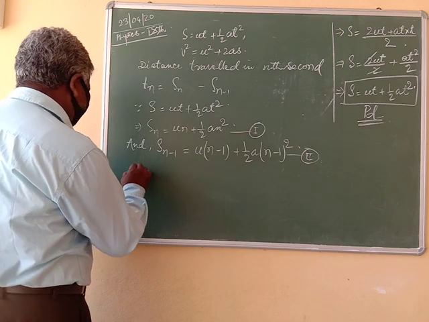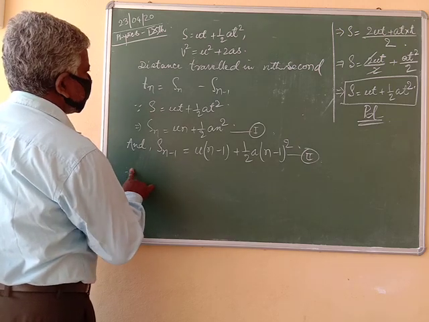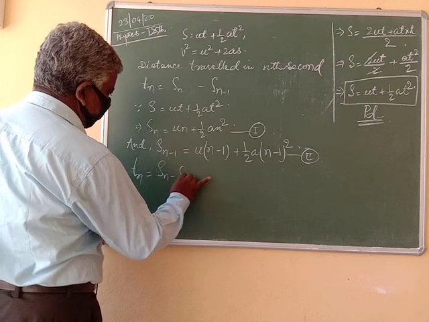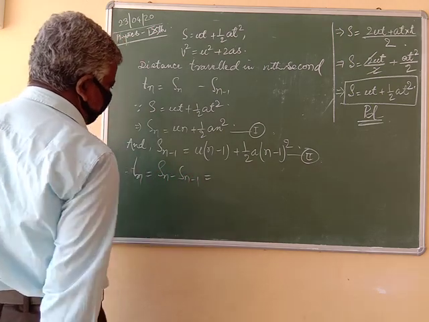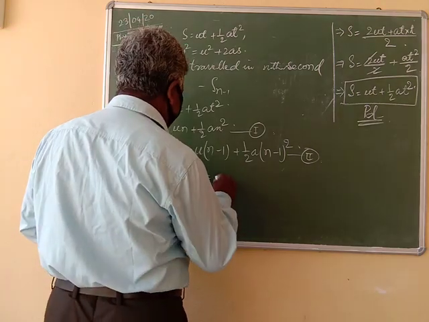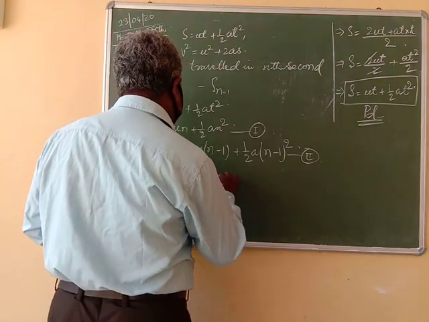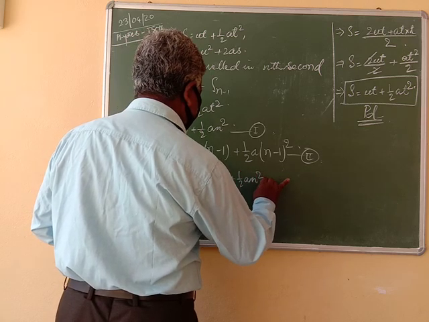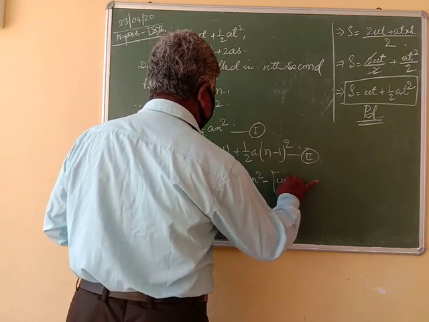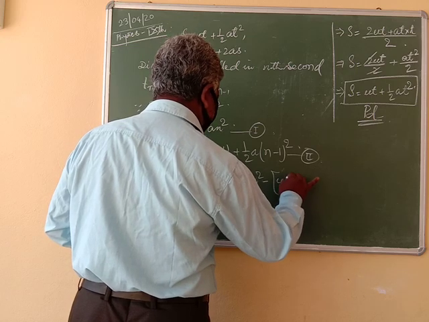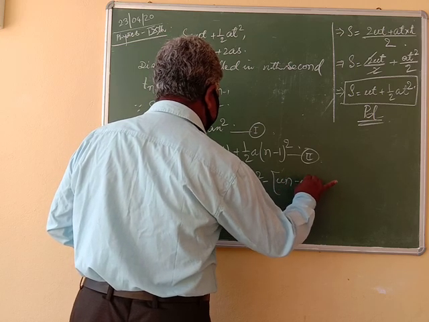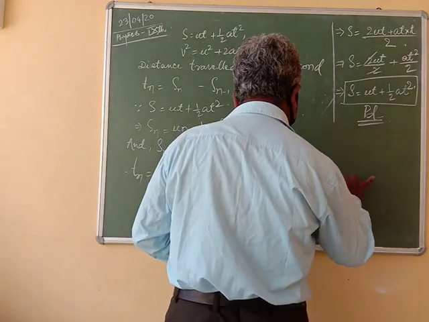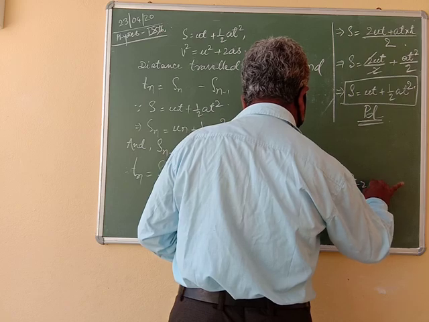Now Tn is equal to Sn minus Sn minus 1. This is un plus half an square minus un minus u plus half a (n square minus 2n plus 1).